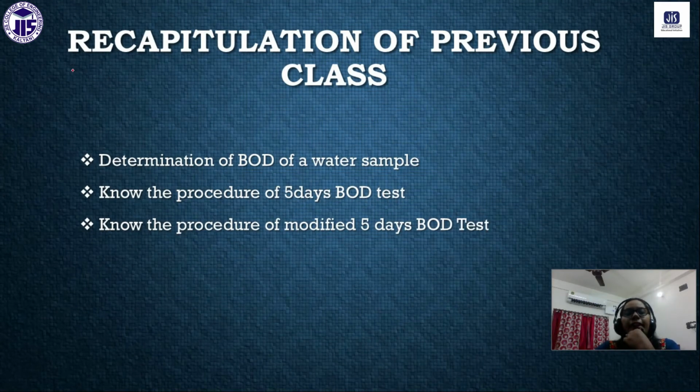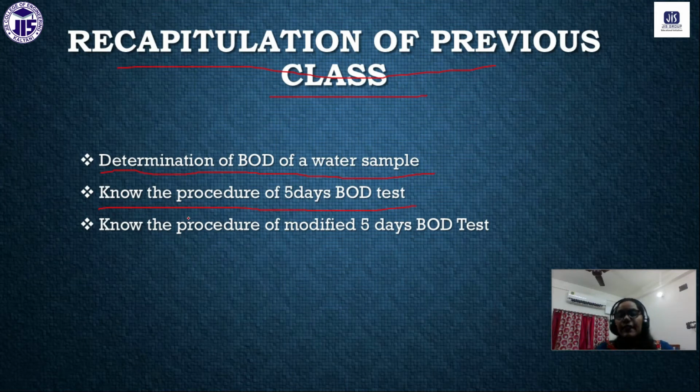Now, a recapitulation of the previous class. Whatever we have discussed so far, this is just a recapitulation at a glance. What topics have we discussed so far? First of all, the determination of BOD of a water sample. We have determined the BOD of a water sample and learned the procedure of the 5 days BOD test.